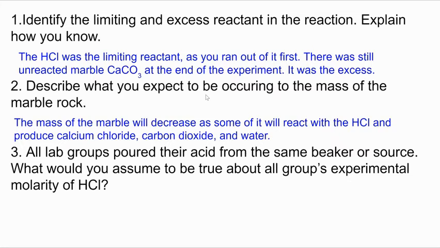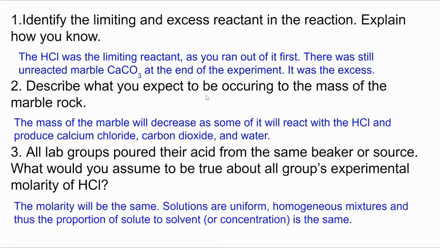All of the groups poured their acid from the same beaker or source, so we should find that all of the groups' experimental molarity is the same. That is because solutions are uniform, homogeneous mixtures, and the proportion of solute to solvent, the concentration, is the same.